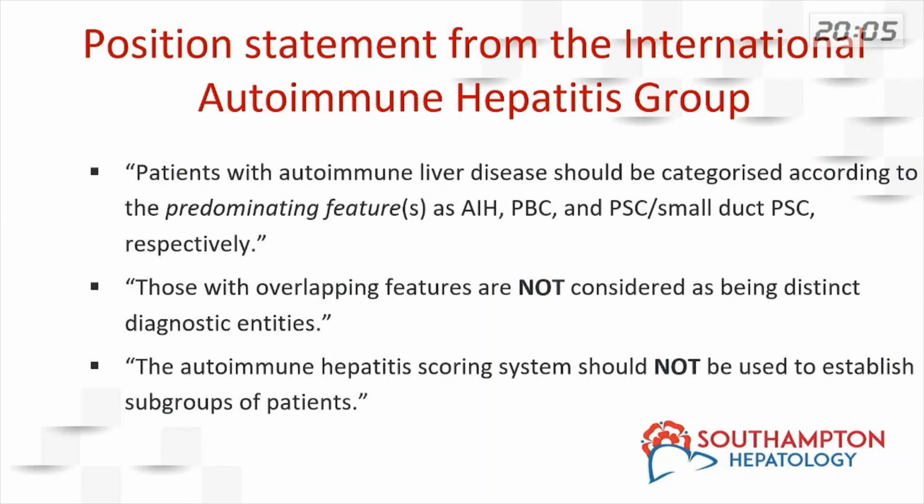And those with overlapping features are not considered as being distinct diagnostic entities. So essentially what they're saying is that overlap syndromes do not exist, and the autoimmune hepatitis scoring system should not be used to establish a subgroup of these patients. So these are quite strong, powerful statements and speak for themselves.